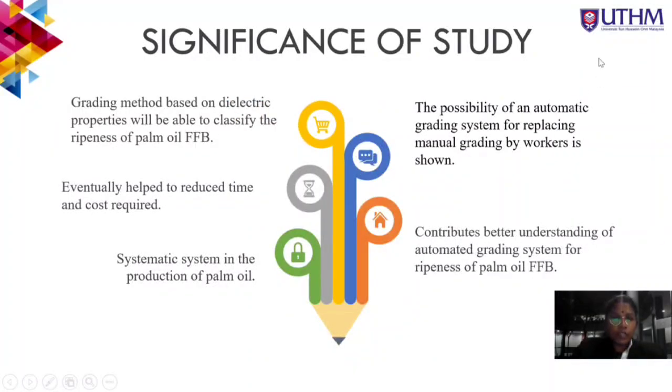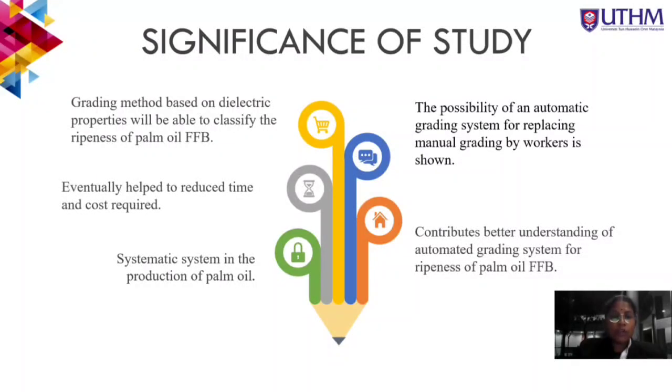The significance of this study is that the grading method based on the dielectric properties will be able to classify the ripeness of FFB in a non-destructive manner. As one of the leading oil palm producers, the country requires an automatic system to assist farmers and small farmers in grading the oil palm fruits.